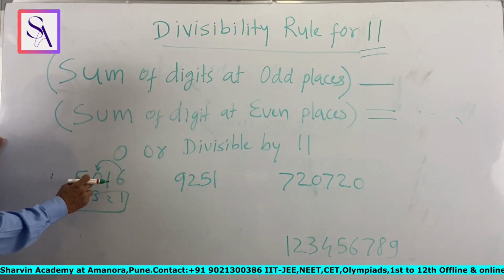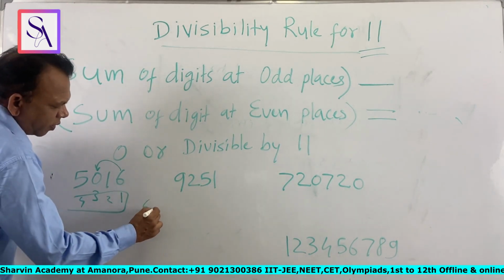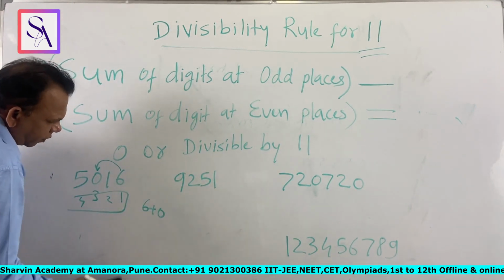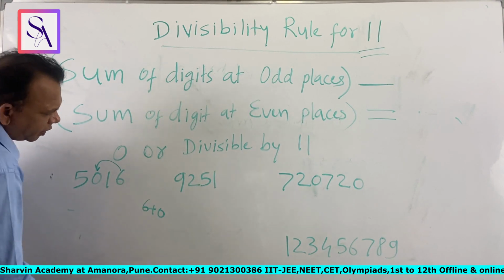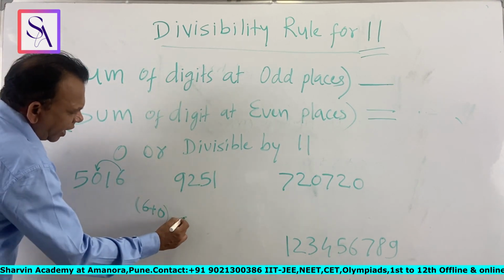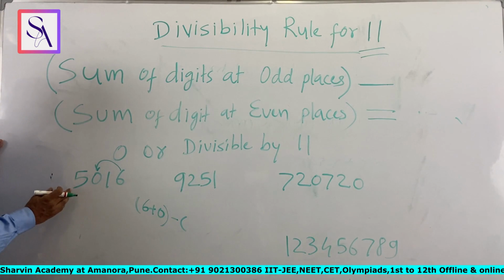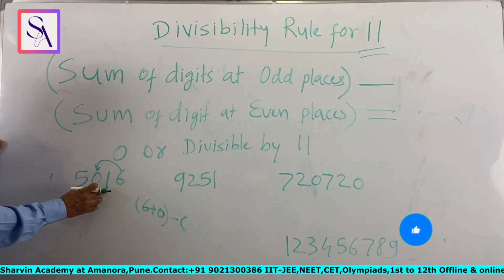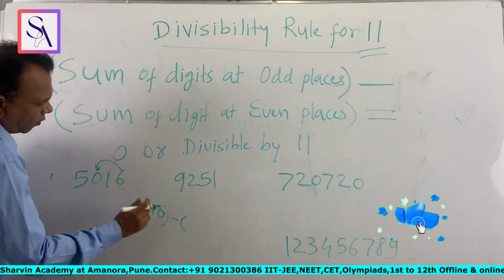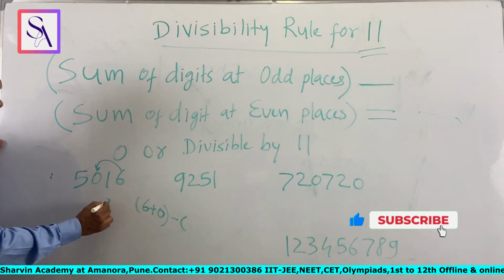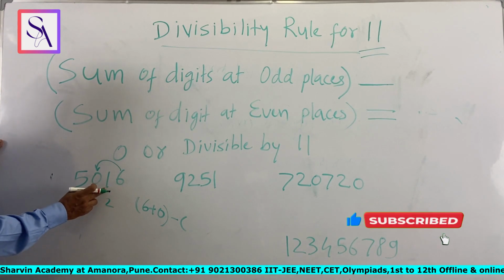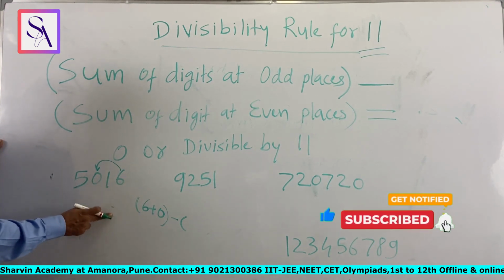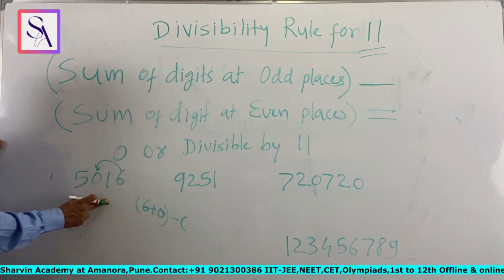So 6 plus 0, you have to add 6 plus 0. Then you have to subtract the sum of the even places. Which ones are even? 1 and 5. 1 is in an even place because it's second place. Though the digit is 1, the place is 2, second place, right?